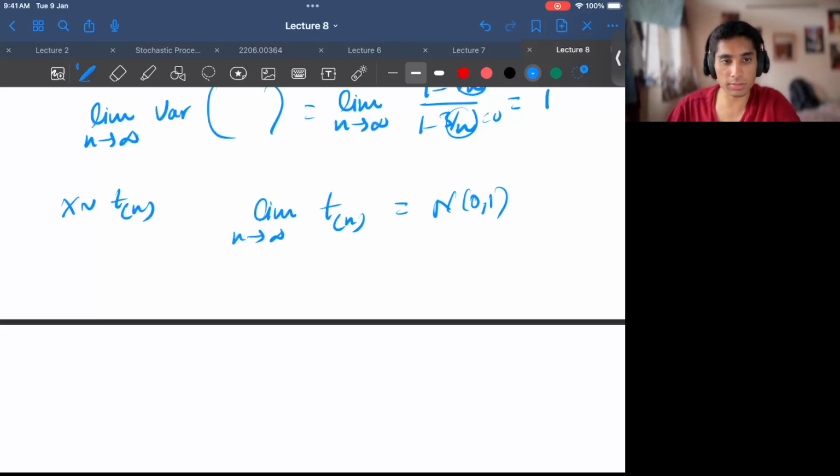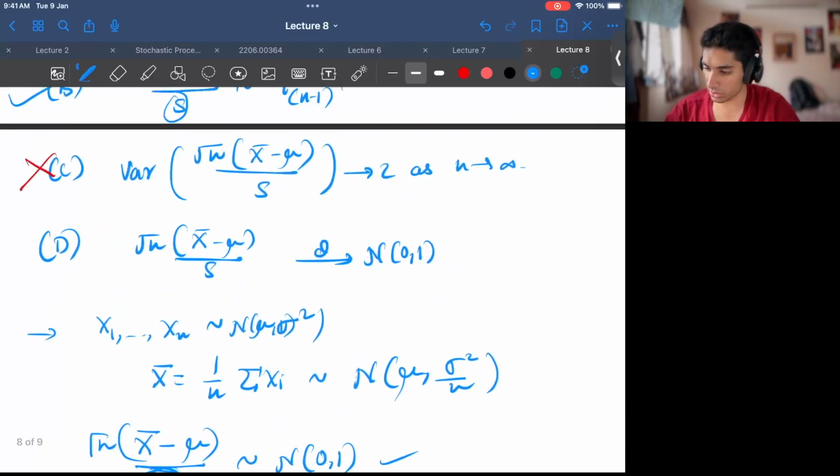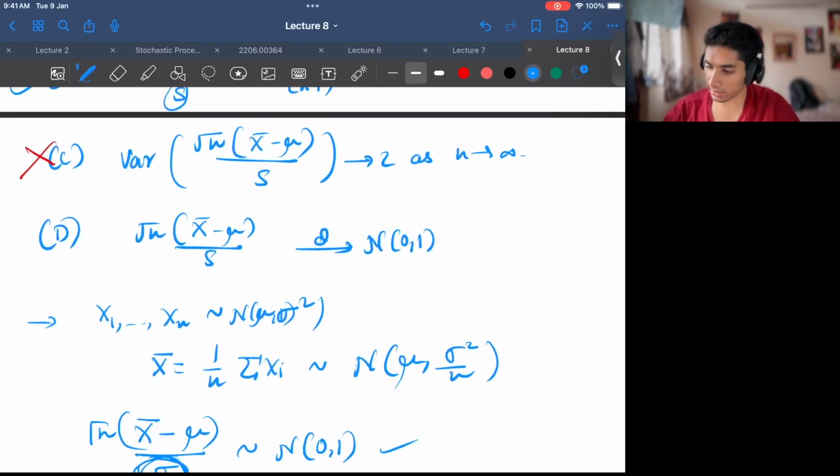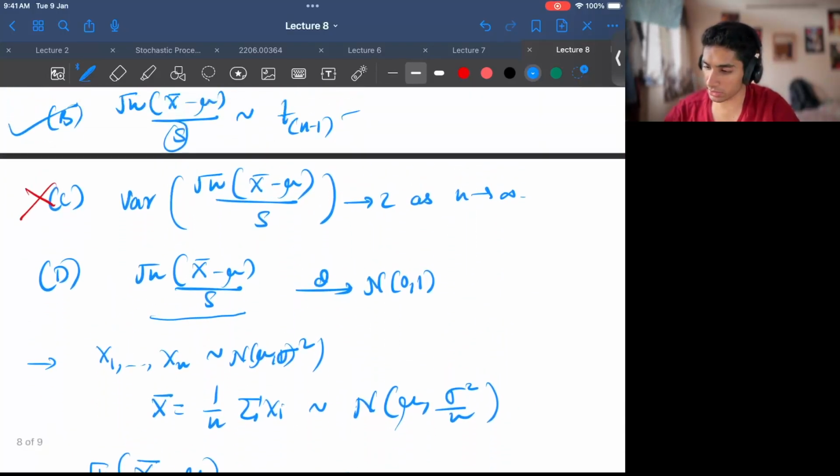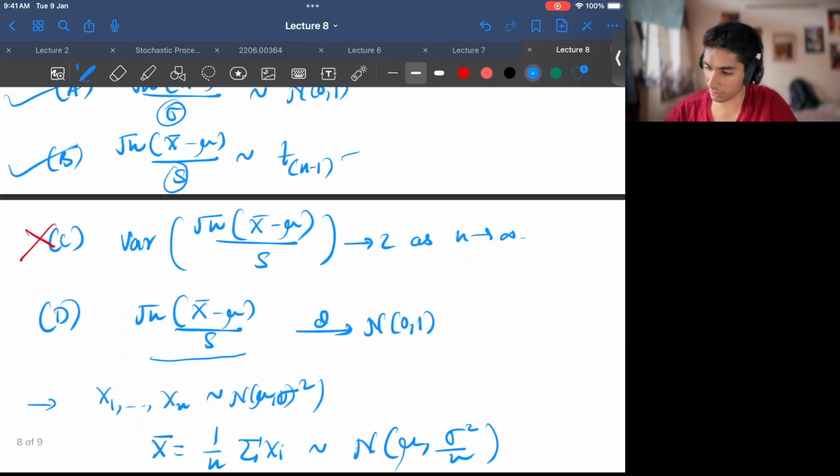This is a property of the student T distribution that if you take the degree of freedom to be infinity, then it becomes a standard normal distribution. Since this thing is already a student T distribution with degree of freedom n minus 1, and you take n to infinity, that means n minus 1 is going to infinity, and hence this thing is true. This thing is correct.